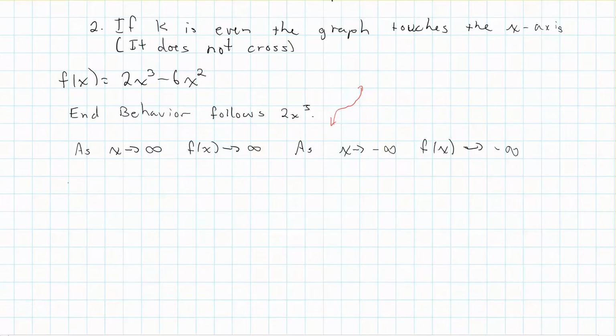So then we also have, let's find the zeros. 2x cubed minus 6x squared. So we want to factor this.